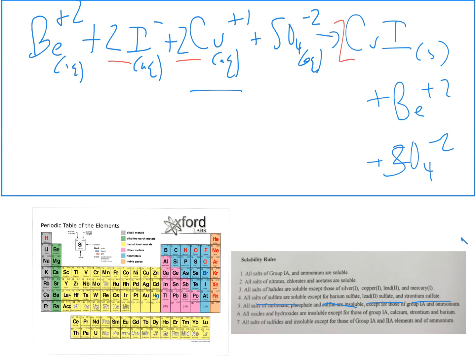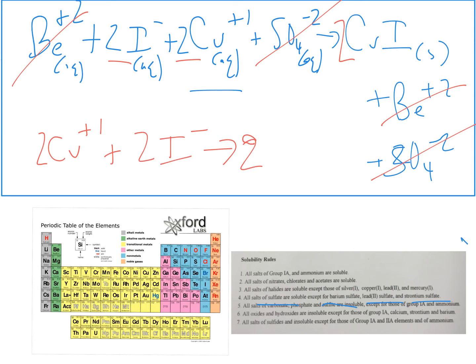So, if you think about it again, beryllium's the same on both sides, sulfate's the same on both sides, and so I end up with 2Cu plus 1 plus 2I minuses goes to 2 CuI solids. And then realistically, the 2's can all drop out because it's a 1-to-1-to-1 ratio.